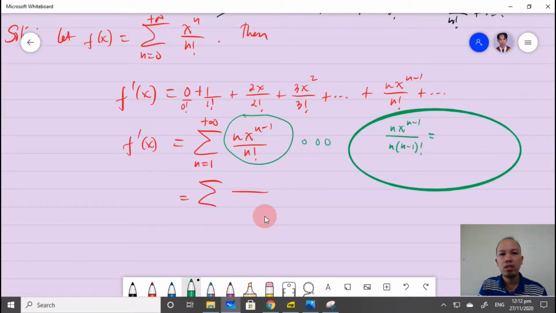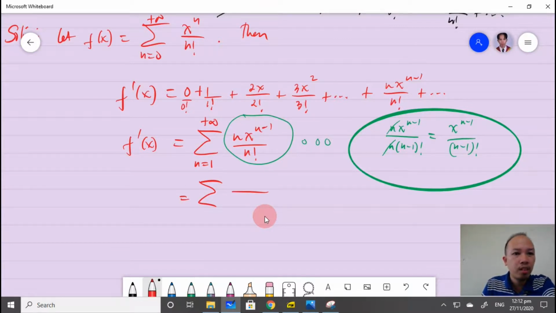Okay, and then we can cancel out n here, so we have x to the n minus 1 over n minus 1 factorial. So this is equivalent to this form.